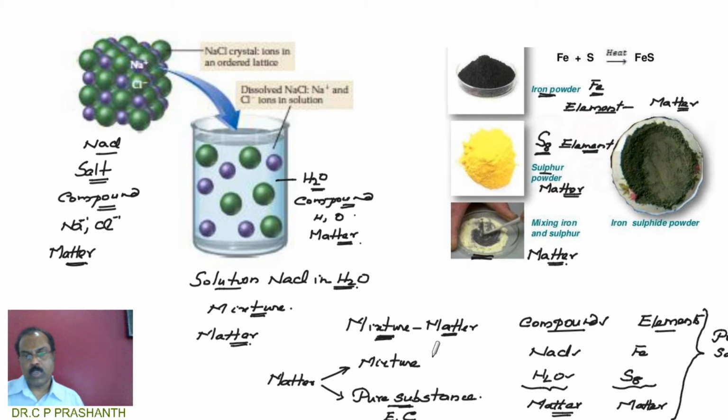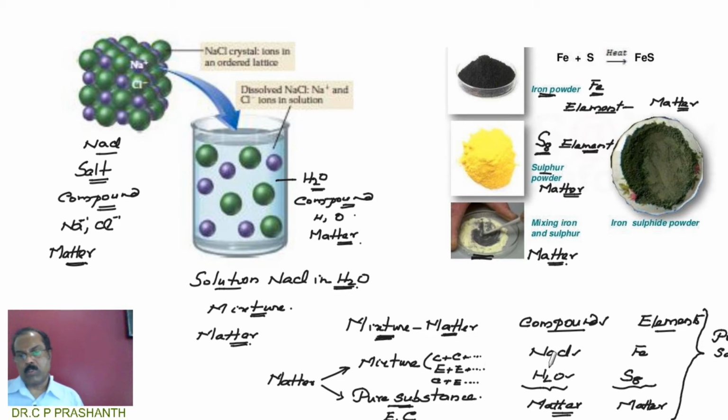Mixture can either be by mixing together two or more than two compounds, or two or more than two elements, or maybe combination of both. So this is how matter is classified on the basis of composition.